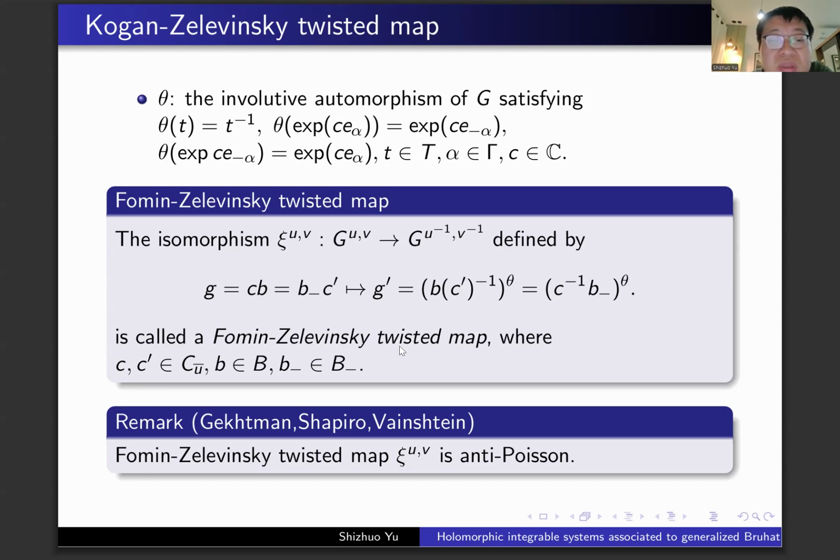If you compare with the map in Kogan and the Fomin-Zelevinsky twisted maps, you will find that the formulas are not the same, but indeed I think it is a more simple form of the Fomin-Zelevinsky twisted map.